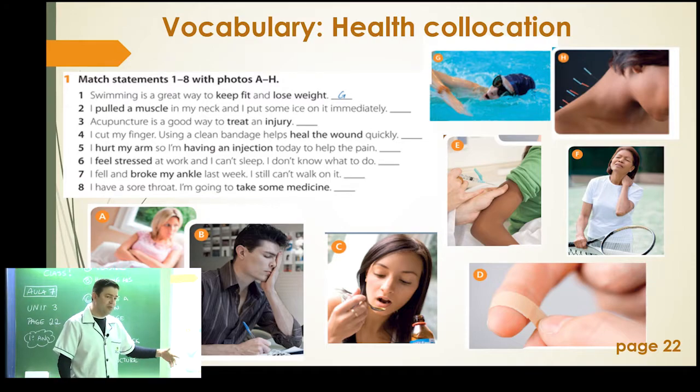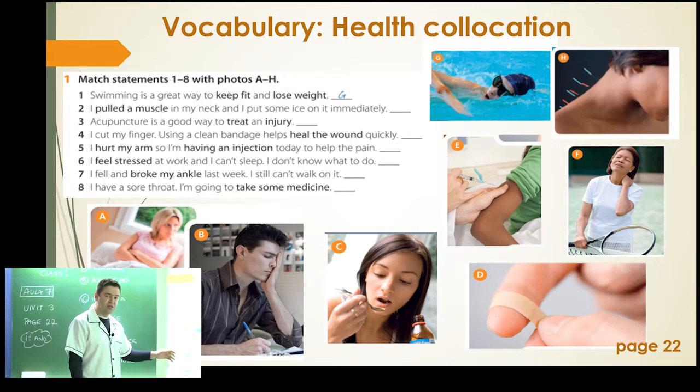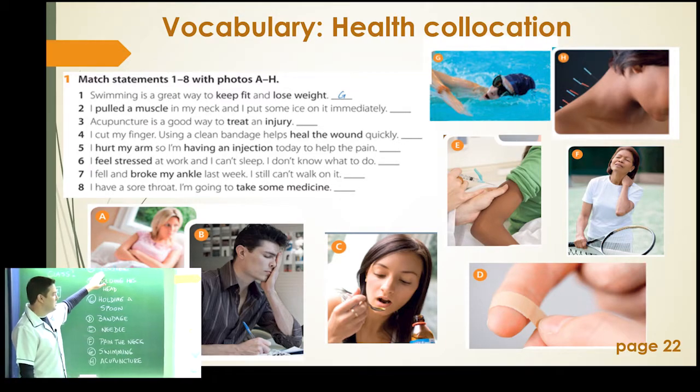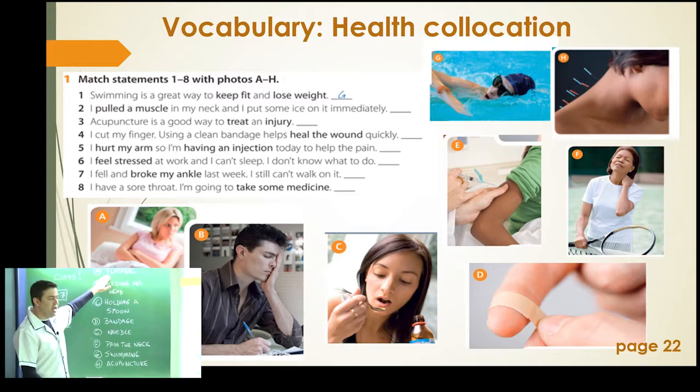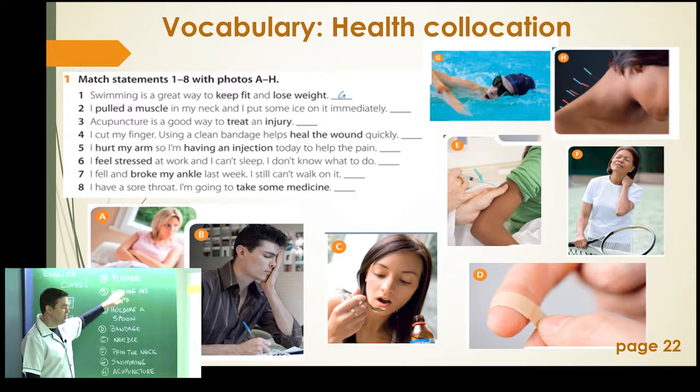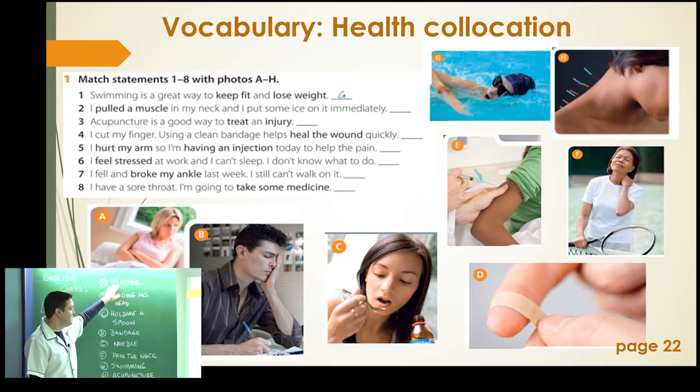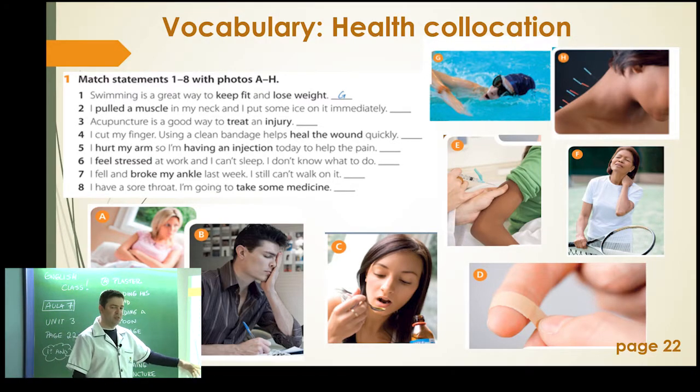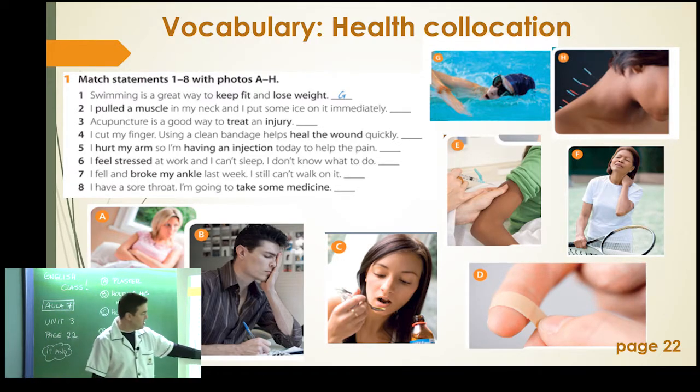I put here, if you want to search in your computer some information about it, the vocabulary. Someone with a broken leg, maybe. You need to use plaster. That's the protection for the bone to recover. Okay, so use plaster.